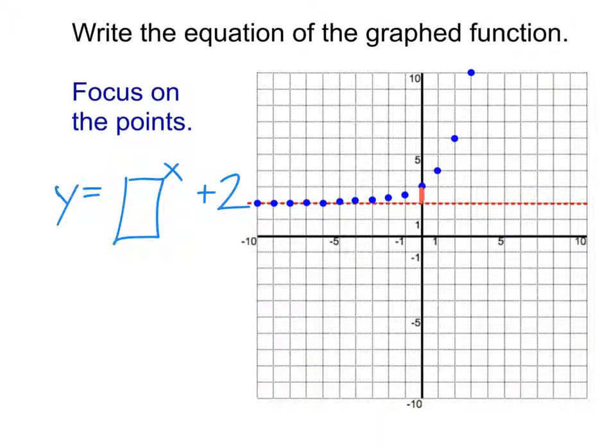I go from 1 to 2. And then I go to 4. And then I go to 8. What am I multiplying them all by? 2. And so that tells me then that it's got to be a 2 to the power of x. Once you plug that in, you have your equation. So our equation here is y equals 2 to the power of x plus 2.